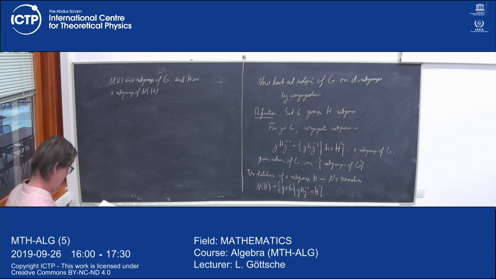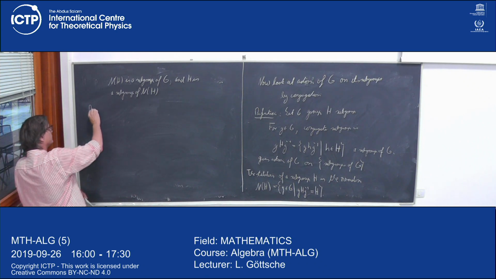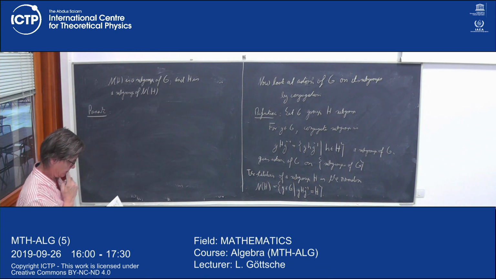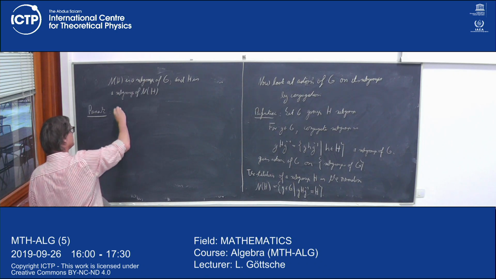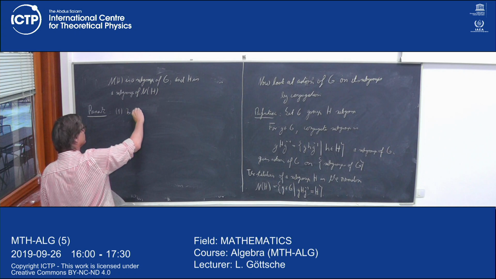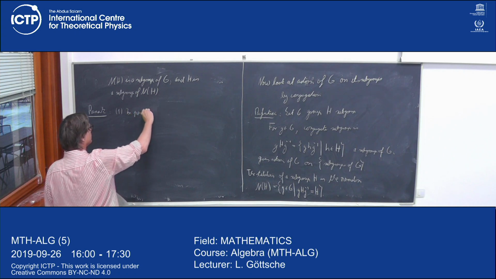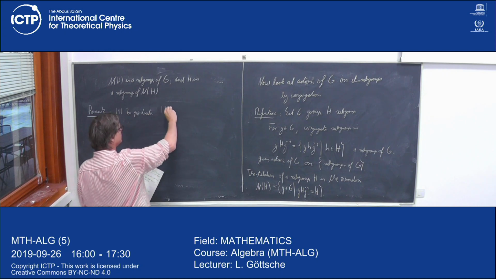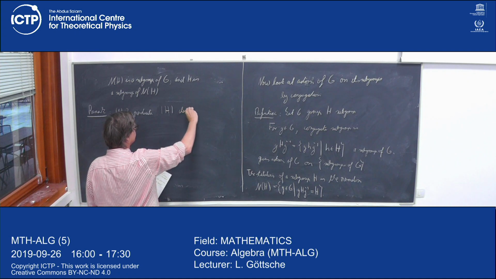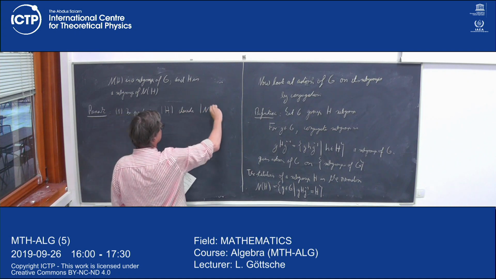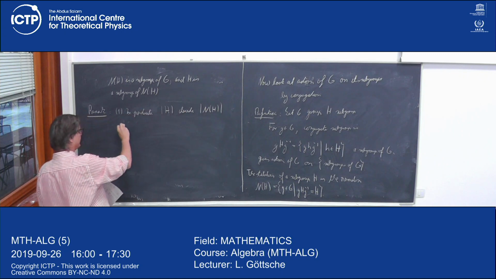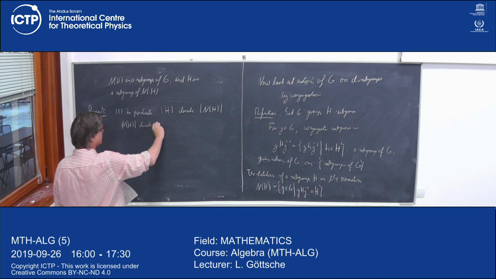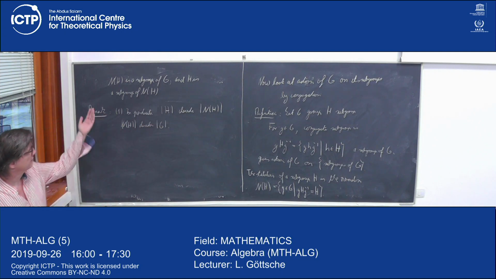So we can make the following remark. Because of this, in particular, the number of elements in H divides the number of elements in N of H, and the order of N of H divides the order of G. So this is clear.